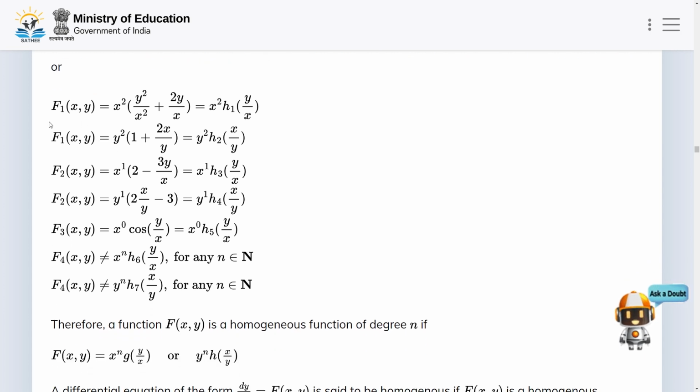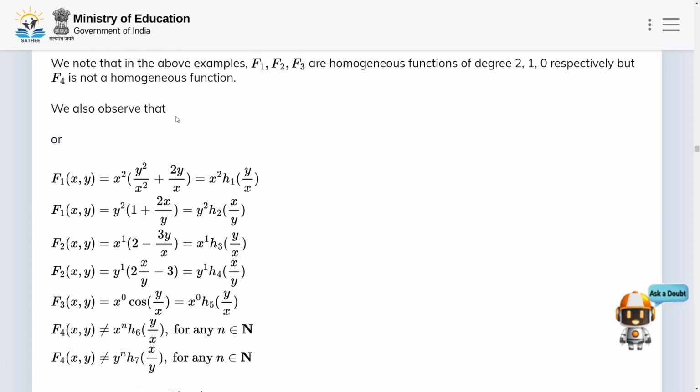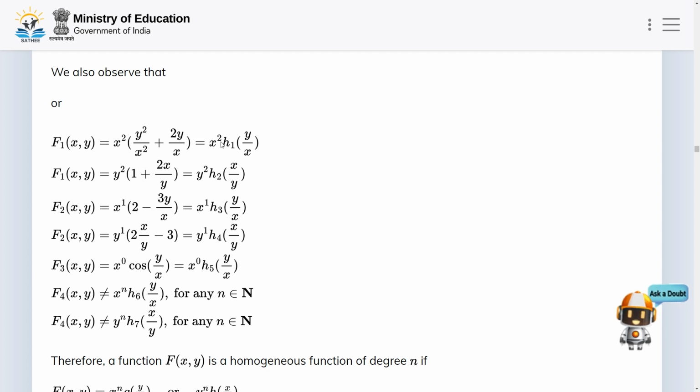Now some more. We defined f1(x, y) as x square multiplied by (y square divided by x square plus 2y divided by x). This means x square h1(y by x). What do we mean by that?